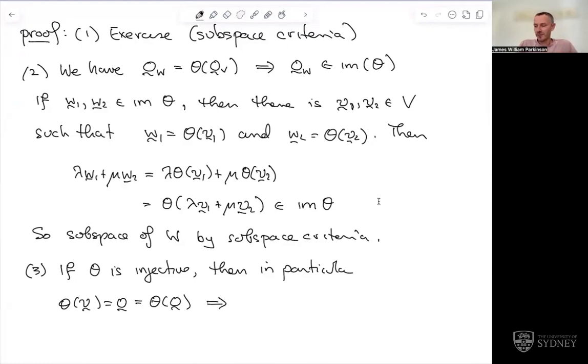Injectivity means when theta of x equals theta of y, then x has to equal y. So that says that v has to equal 0, and that's the same as saying the kernel of theta is just 0.